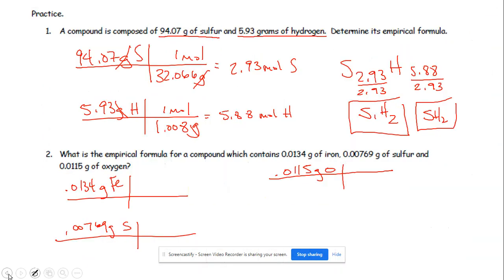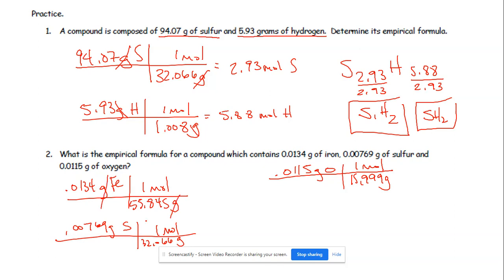So that iron is going to be 55.845 grams per 1 mole. And sulfur, 32.066 grams per 1 mole. And oxygen, 15.999 grams per 1 mole.